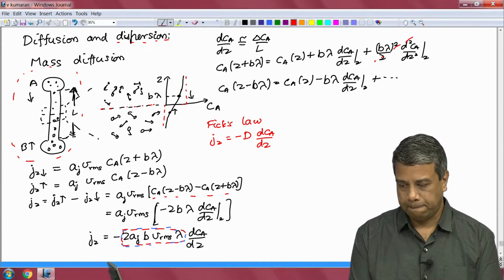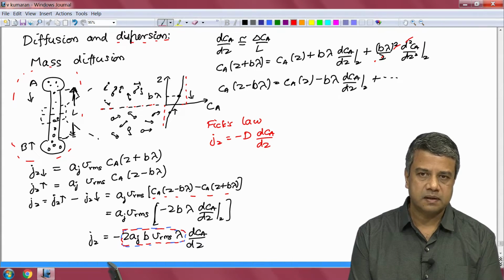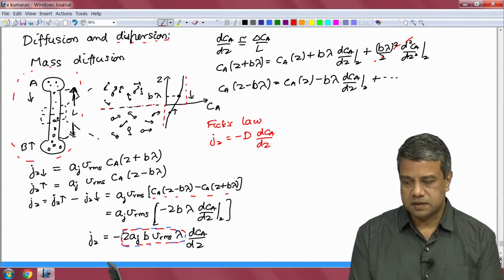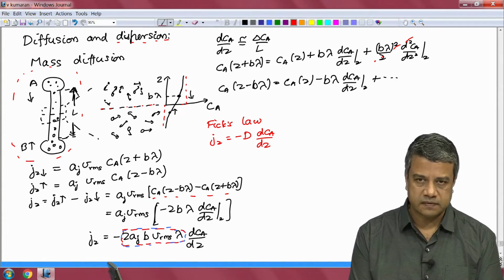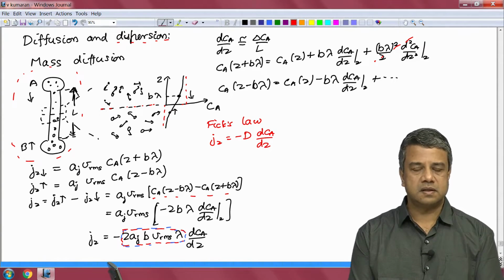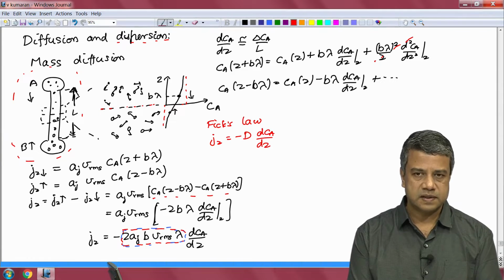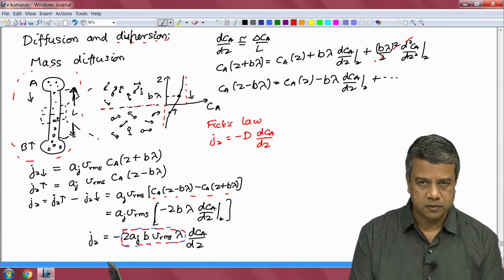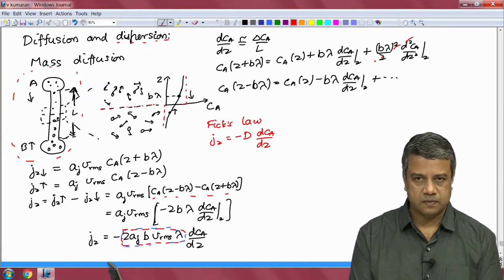The molecules that are traveling upward travel approximately one mean free path from below the surface. The concentration at the location above the surface is higher than the concentration at the location below the surface, and because of that you have a net transport of molecules from above to below.